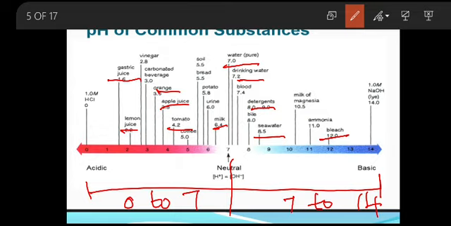So, these substances also have water content in them. Do you agree with me, children? Yes, apple juice: when you prepare apple juice, definitely you have to mix it with water. Seawater is another form of water. Detergent, you have to mix it with water for cleaning your clothes. Bleach powder, everything is a form of water.